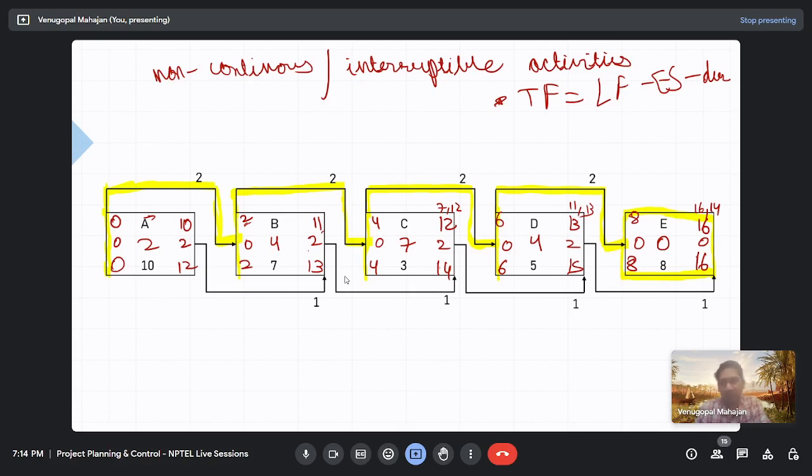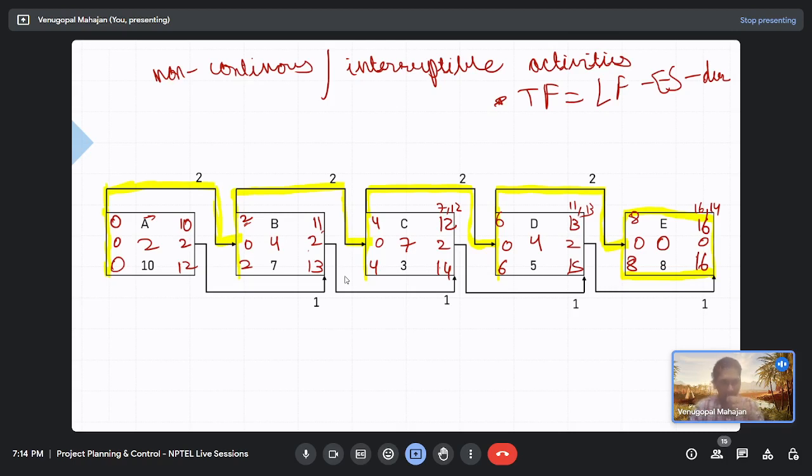Between two activities. Sir, but the relationships we are discussing here are start to start, finish to finish, start to finish, finish to start. So we are interested in the events, right? The start of an activity, the end of an activity. So relationships are not between the activities now. They are between the events of the activities, the start or finish events.